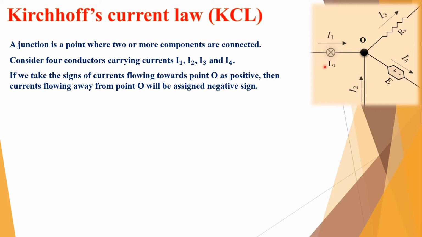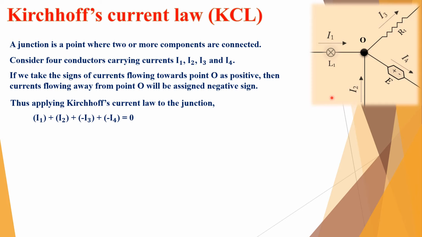But the important thing is currents flowing towards point O have the same sign and currents flowing away from point O must have the same sign, but opposite to the currents flowing towards the point O. Thus, applying Kirchhoff's current law to the junction, as we have taken I1 and I2 positive, I3 and I4 must be negative. We have summation of currents equal to 0, sigma I equals 0.